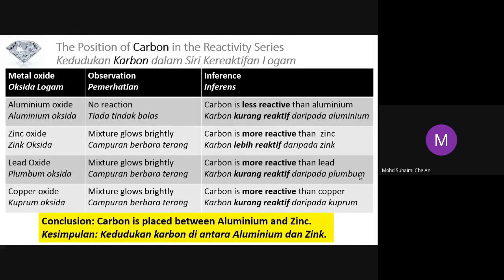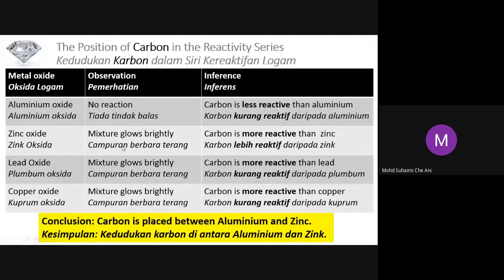Okay, besides that, if we repeat the experiment with another kind of metal oxide, such as aluminium oxide, zinc oxide, lead oxide, copper oxide, you will get different observations. For example, for aluminium, we will not see any kind of reaction. There is no reaction.